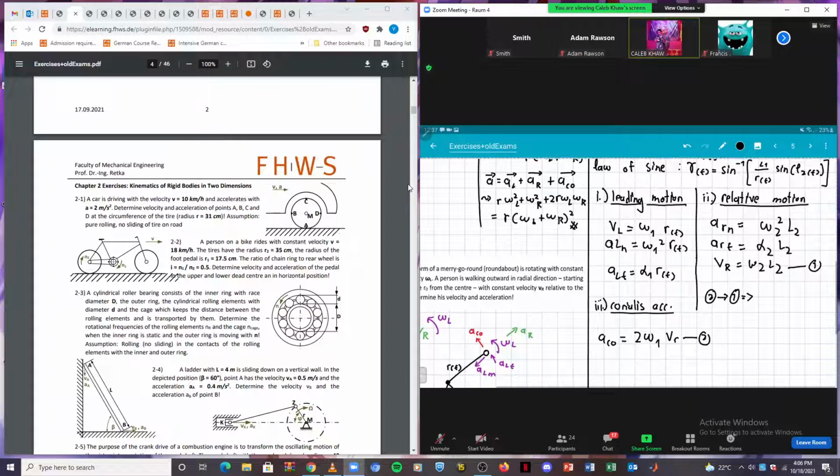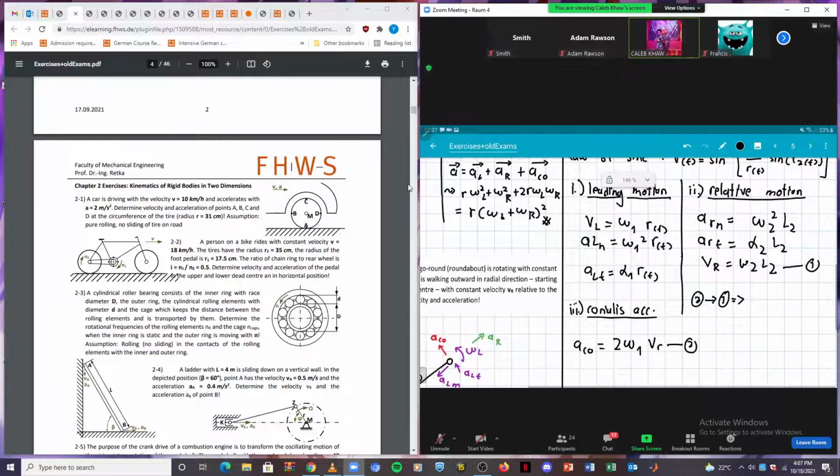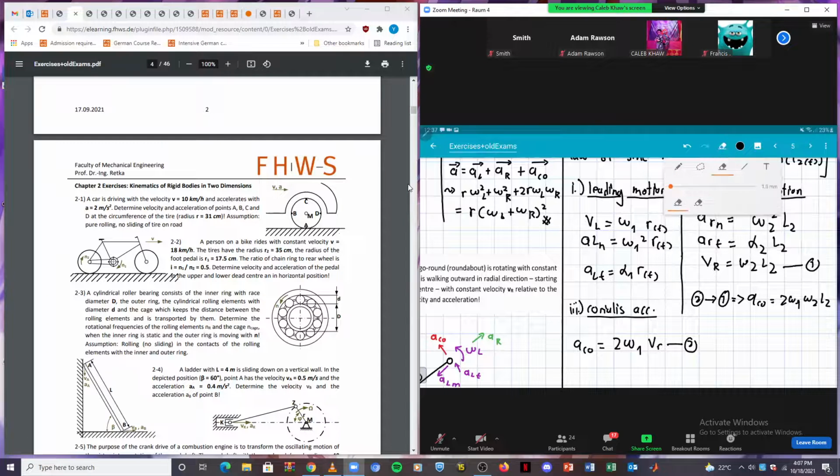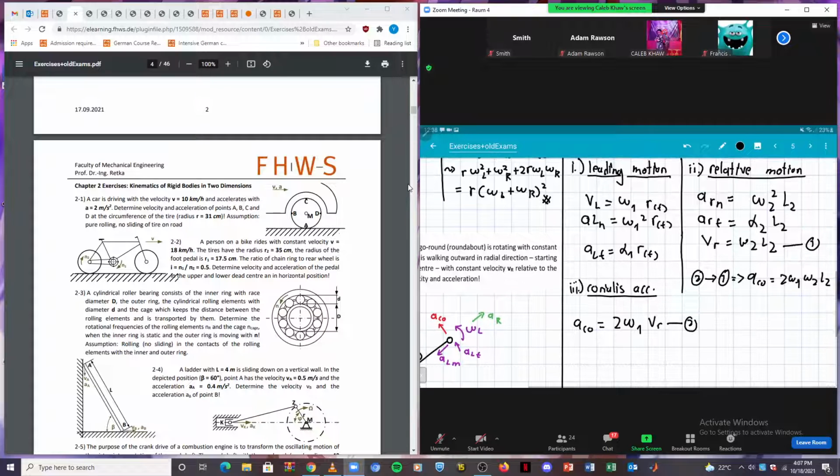So this would be, yes, exactly. Okay, and so first step, drawing the diagrams. Second step, deriving these equations. And then third and last step, building the absolute velocity and acceleration.